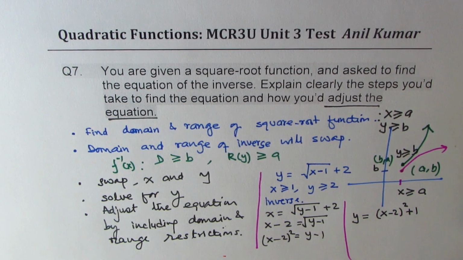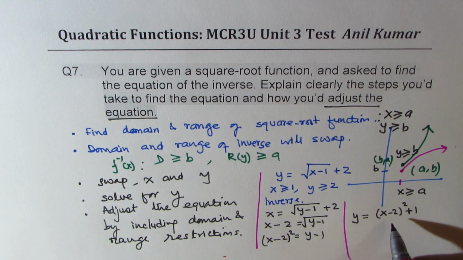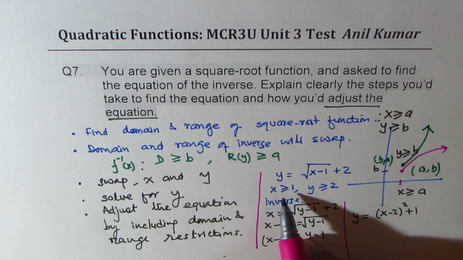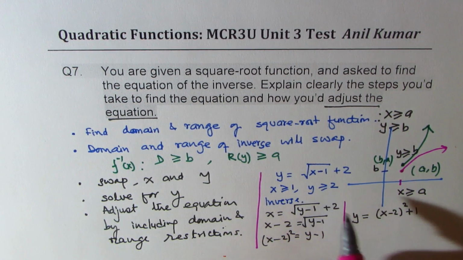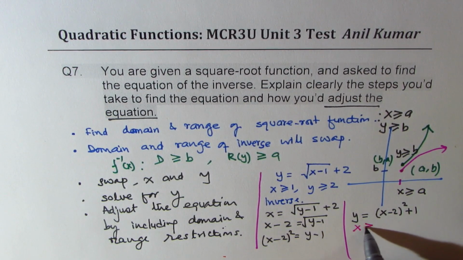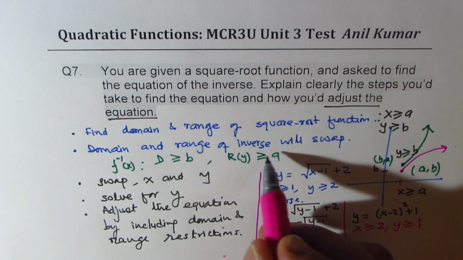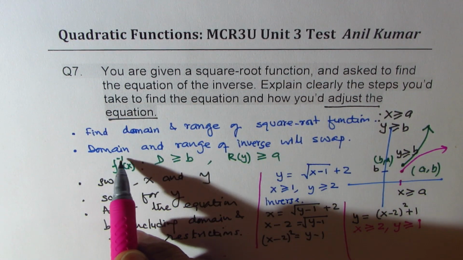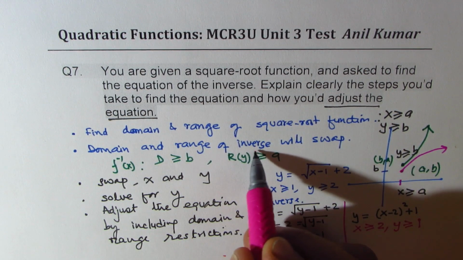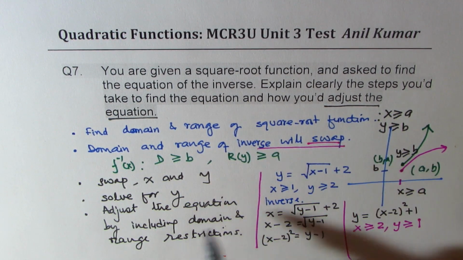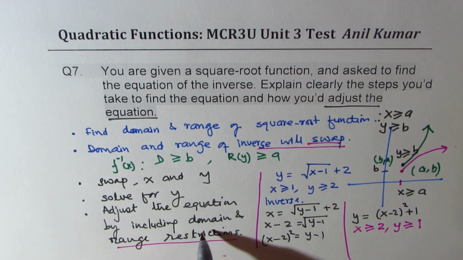Now at this stage, you have to flip the restrictions. So you have to say x is greater than or equal to 2 and y is greater than or equal to 1. That is what I'm trying to say when I say that your domain and range of inverse will swap. This is the restriction which has to be adjusted.